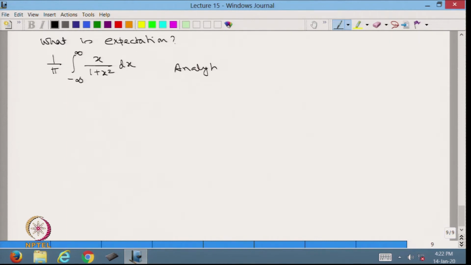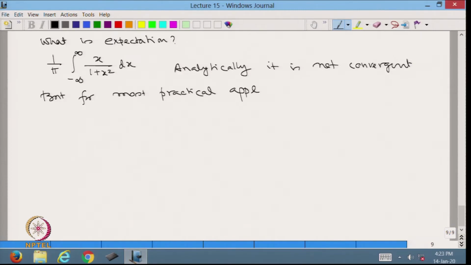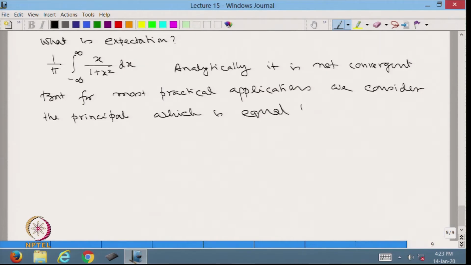Analytically, it is not convergent, but for most practical applications, we consider it with the principal value, which is equal to 0, and therefore, you often find that expected value of x is equal to 0.